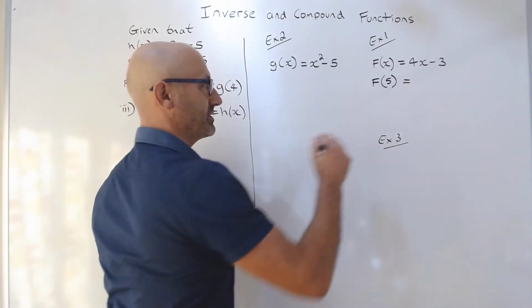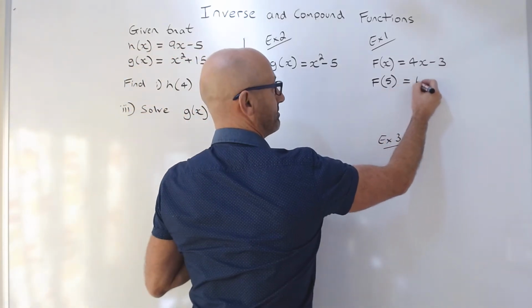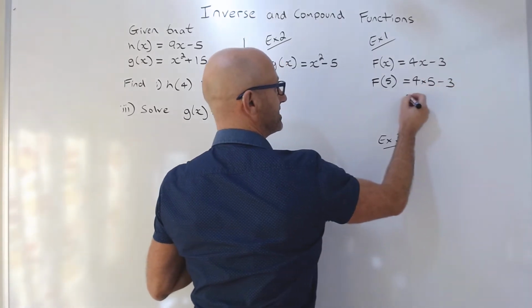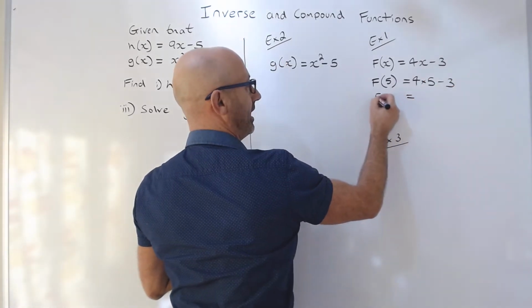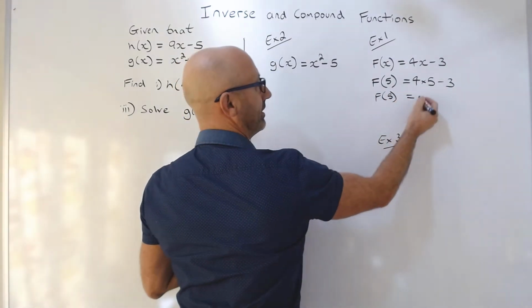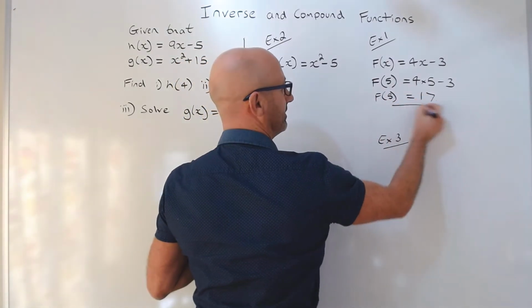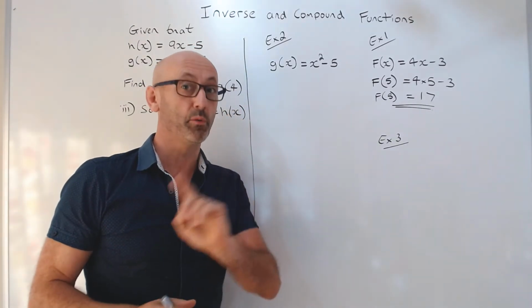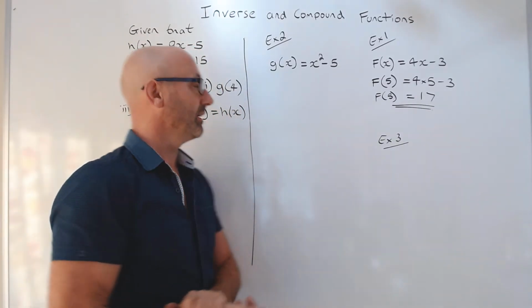Because all Nina's done is she's replaced the x by 5. This is how you should set it out, by the way. And she's got an answer of 17. It really is that simple. That would be 1 mark at GCSE.